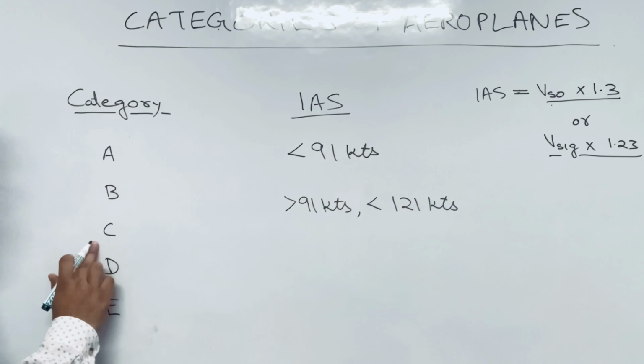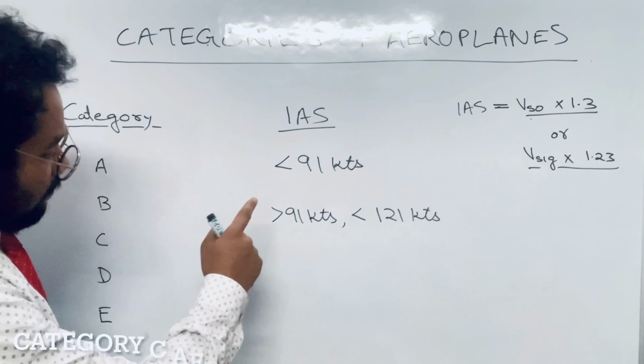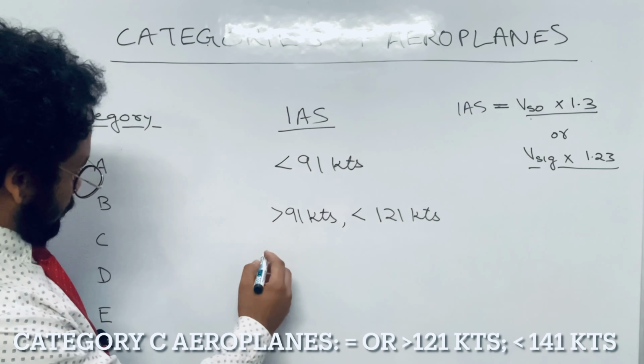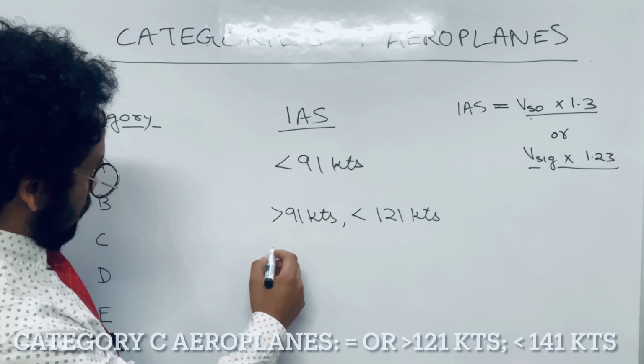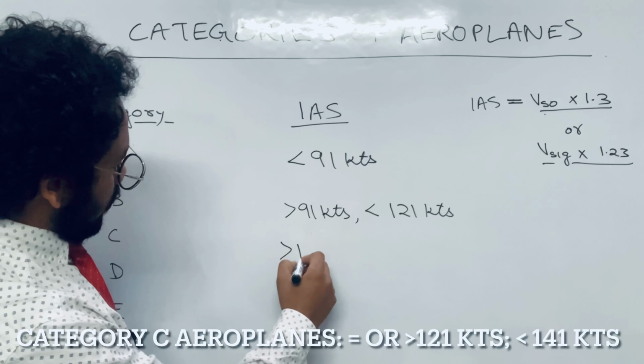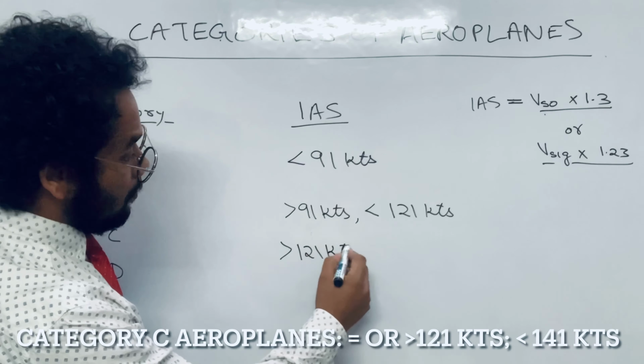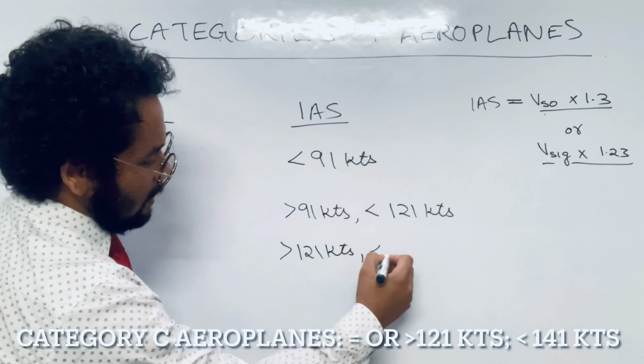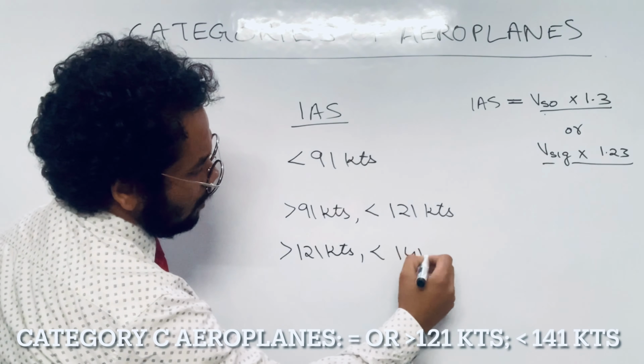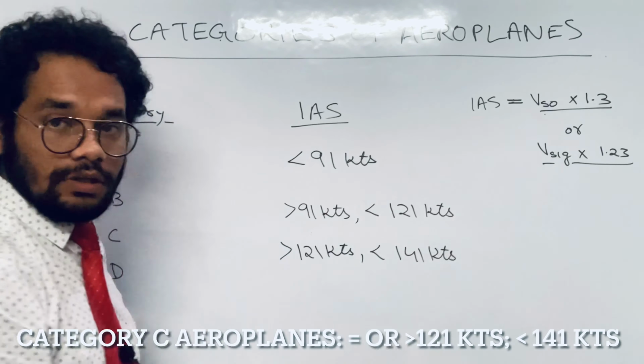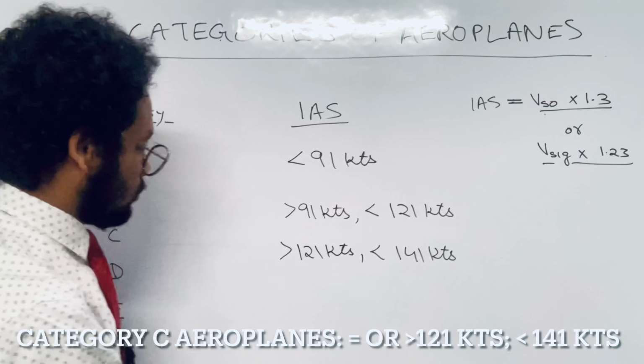For category C, what range is the IAS at threshold approximately in? Greater than 121 knots but less than 141 knots. This is KTS, knots.